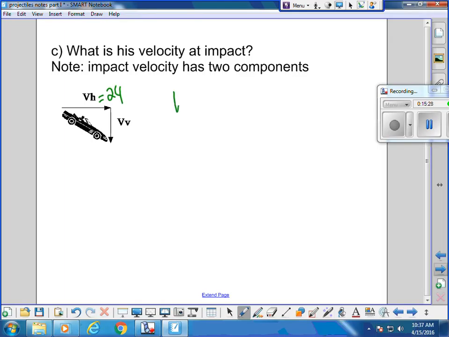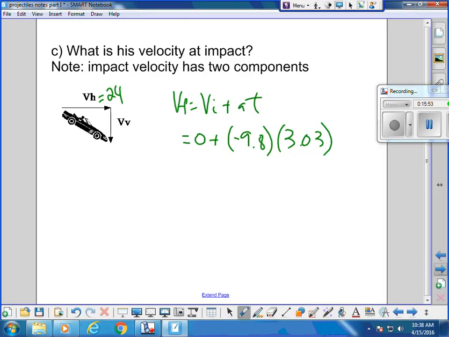So, yeah. I'm recording. It's all going to be there. VF equals VI plus AT. We have to find that vertical component when it hits. We know that the vertical initial is 0. Minus 9.8 is the acceleration. And our time is 3.03.